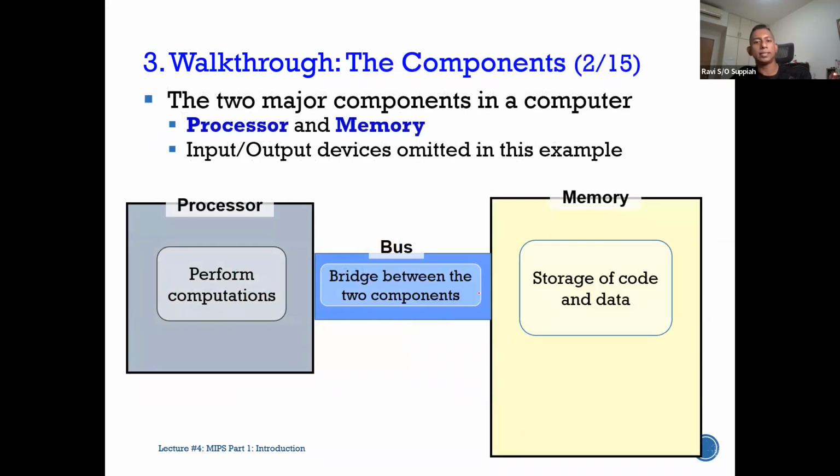Now, let's look at these steps and how a computing system is going to perform them for us. The underlying hardware, though it's very complex, we can break down into a few major components. The first one is the processor.